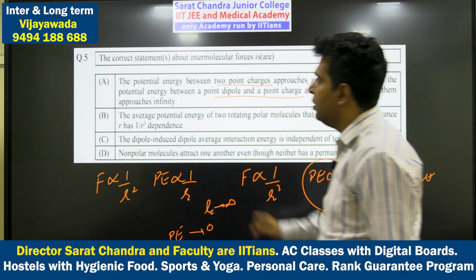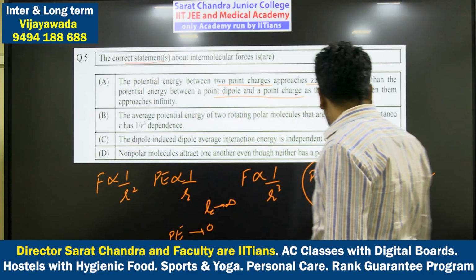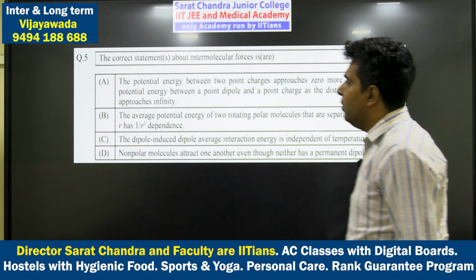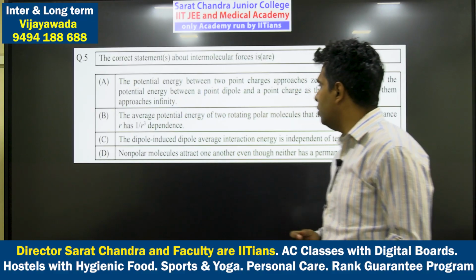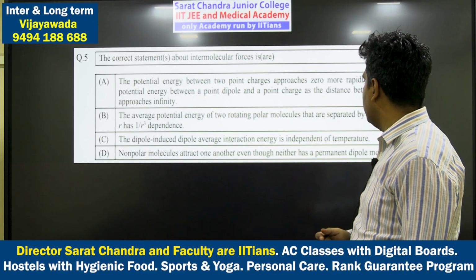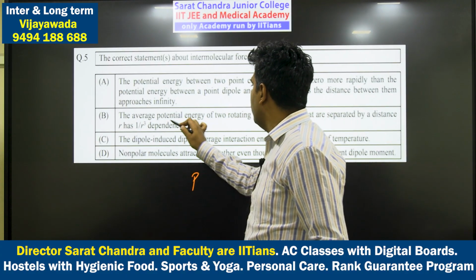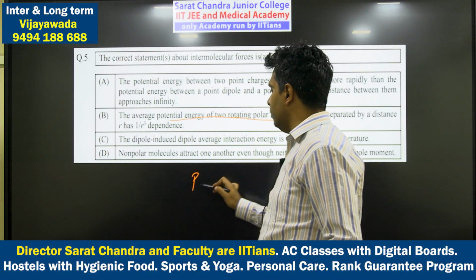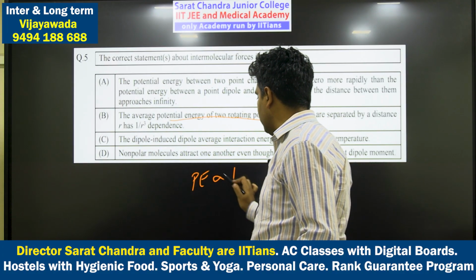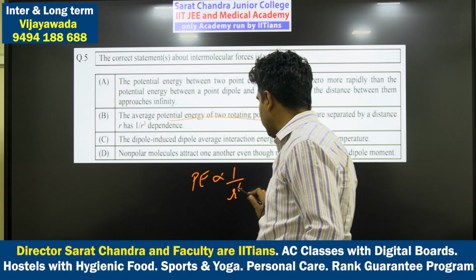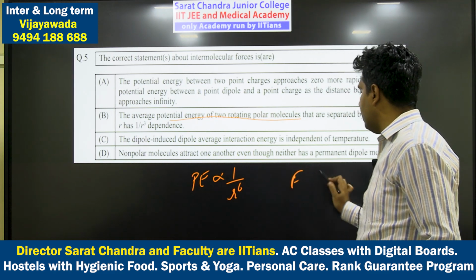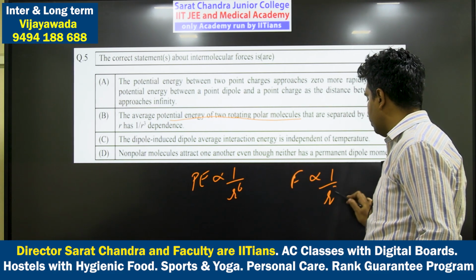We have to tell the correct statement. So let us move to the next option, option B. Option B is saying the average potential energy of 2 rotating polar molecules that are separated by a distance r. For 2 rotating polar molecules, potential energy is inversely proportional to r raised to power 6 and the electrostatic force is proportional to r raised to power 7.